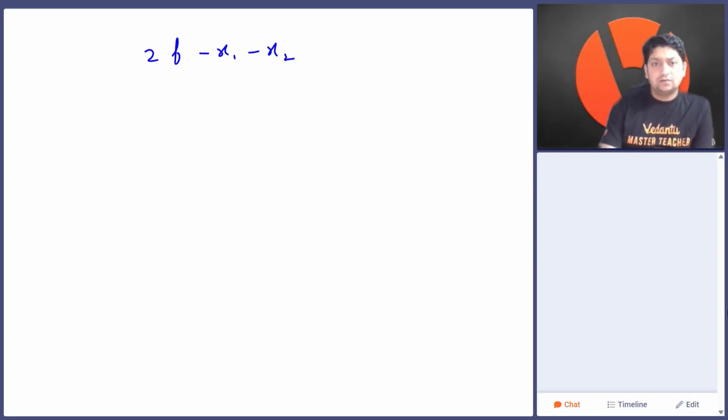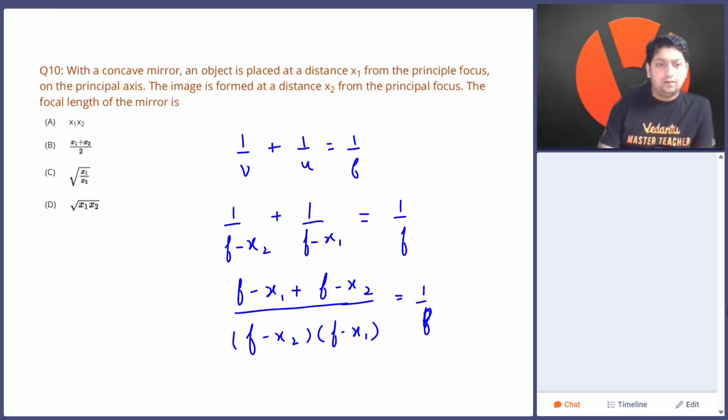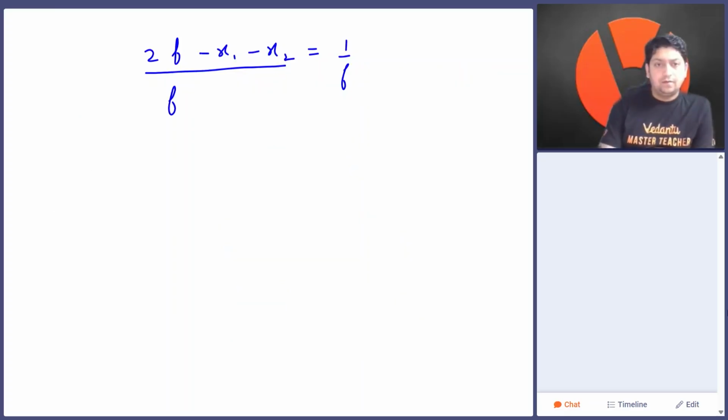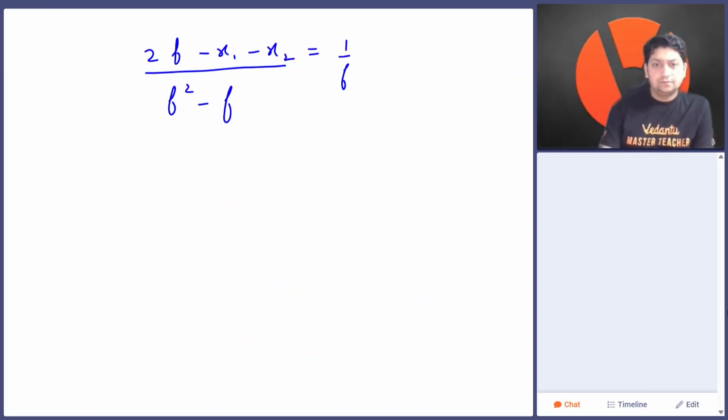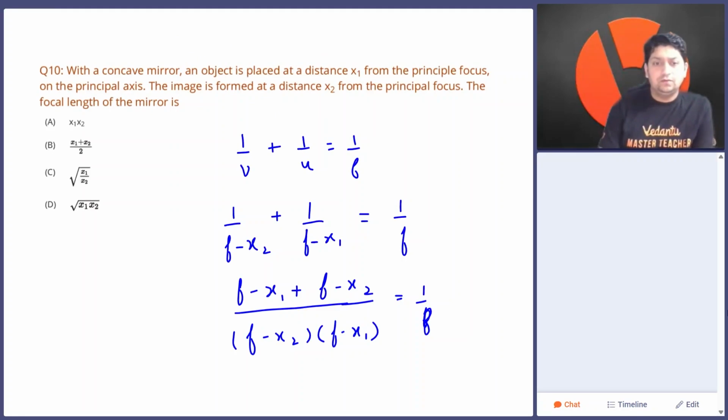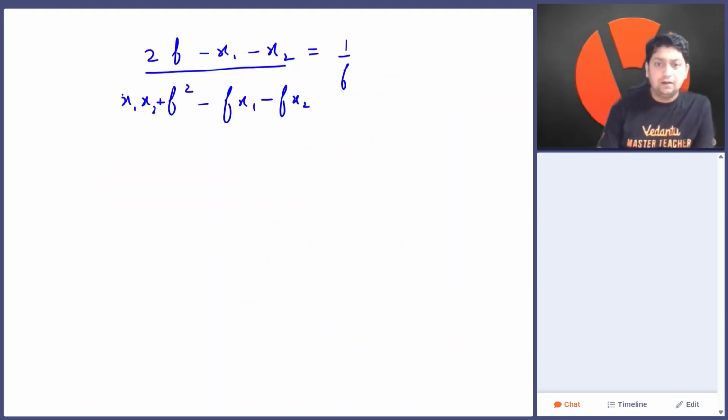Two F minus x1 minus x2 equal to 1 upon F over F square minus fx1 minus fx2 and plus x1 x2. This value we will get by simplifying this, right? And now cross multiply.